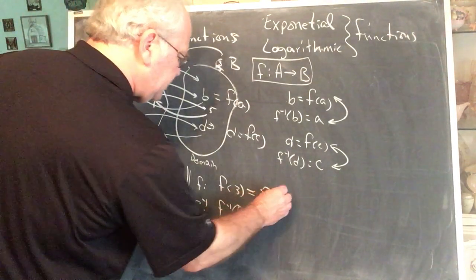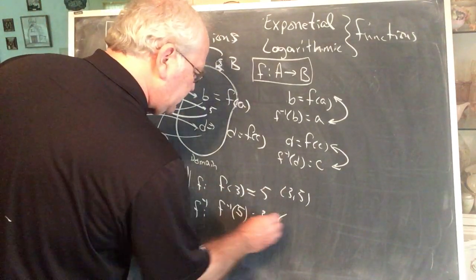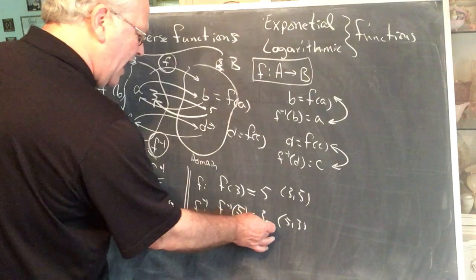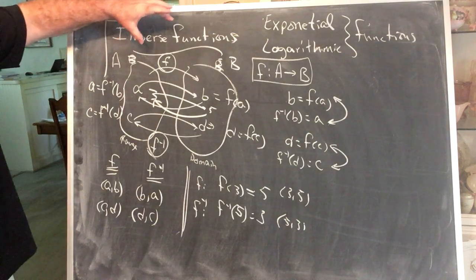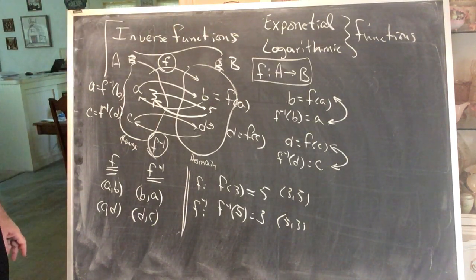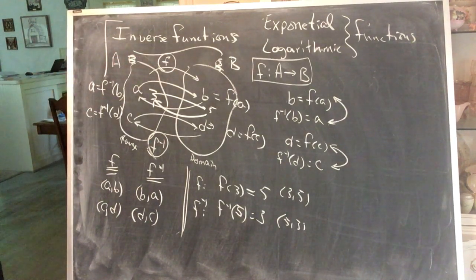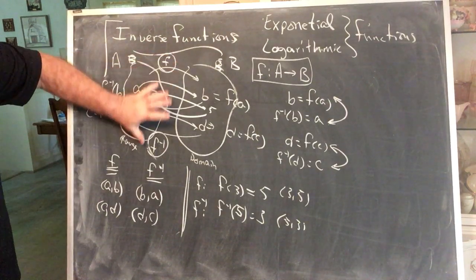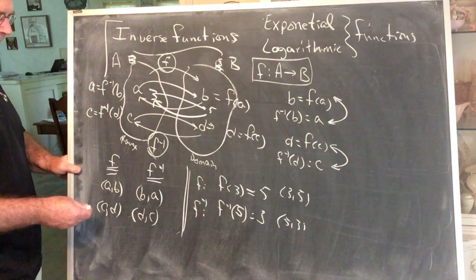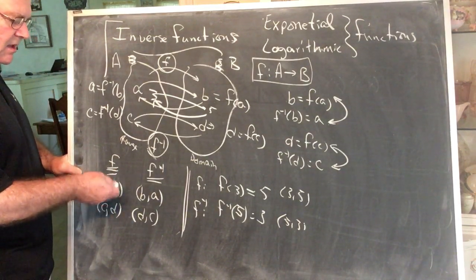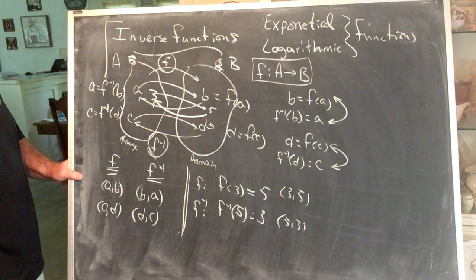This corresponds to the point 3 comma 5, input comma output, and this corresponds to the point 5 comma 3, input comma output. So we see this property behaving here. That's one of the first key notions of inverse functions. If you have a function and its inverse, then if A comma B is generated by function f, then reversing the coordinates, B comma A is generated by function f inverse.